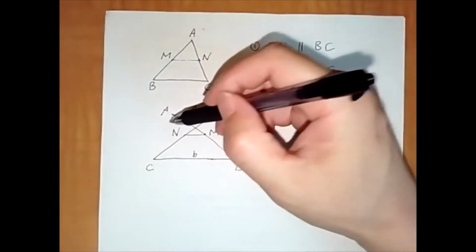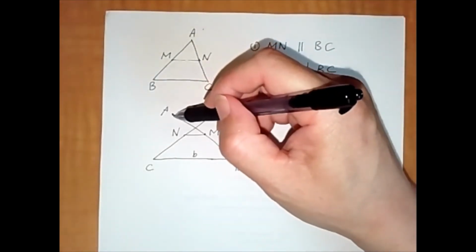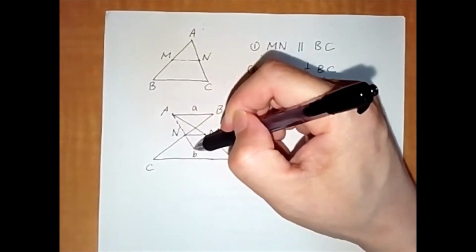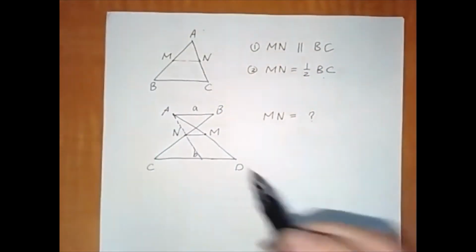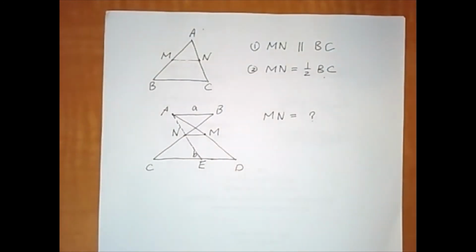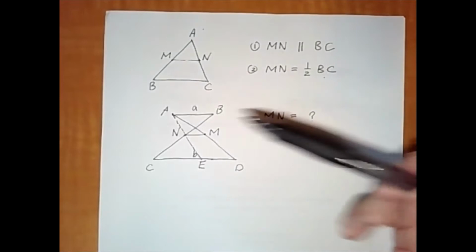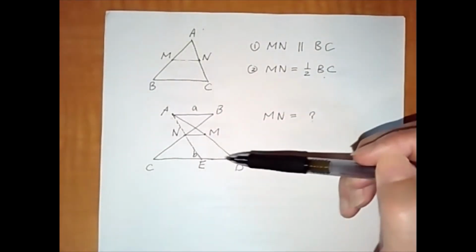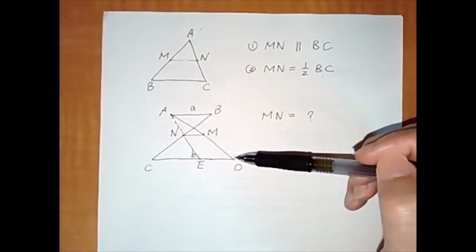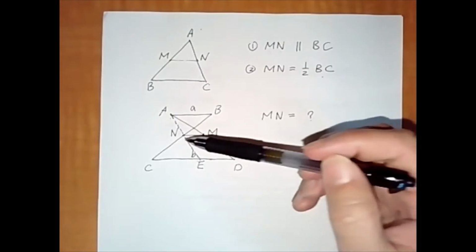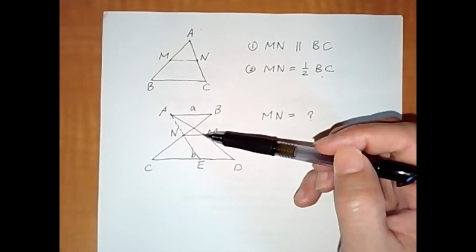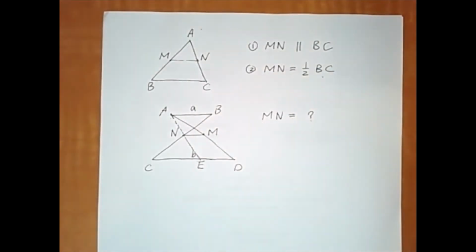We connect A to N and extend all the way down, intersect with the segment CD at point E. Then we create a triangle ADE. M is the midpoint of AD. If we can show N is the midpoint of AE, then MN is a midline of the triangle.